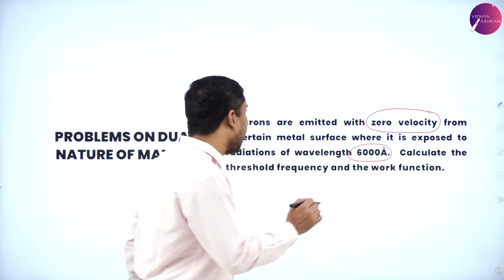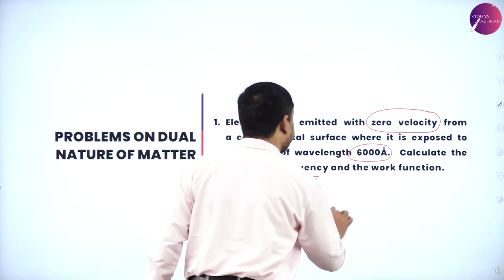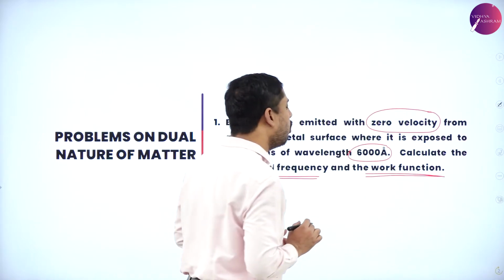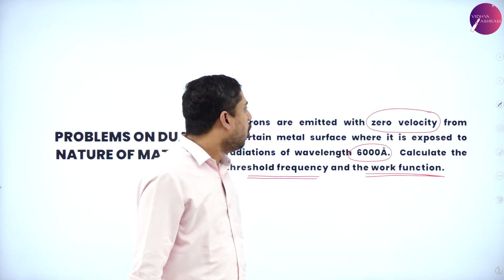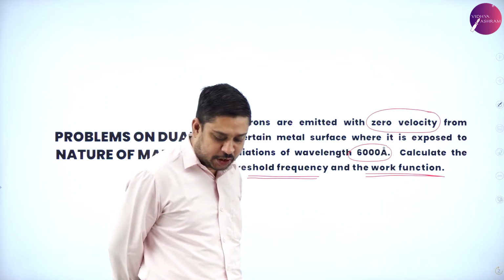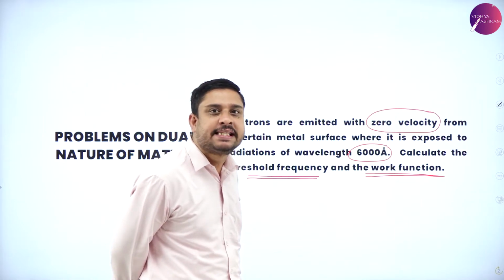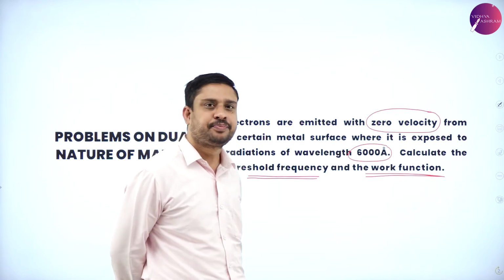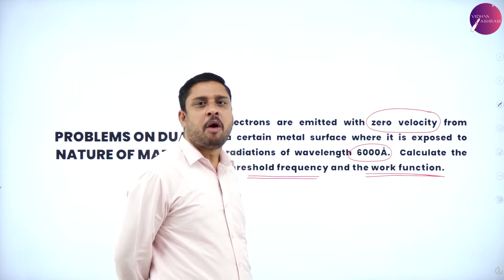I have to calculate the threshold frequency and the work function. So, what is that we have to calculate? The threshold frequency and work function. So, how do I proceed with this problem?